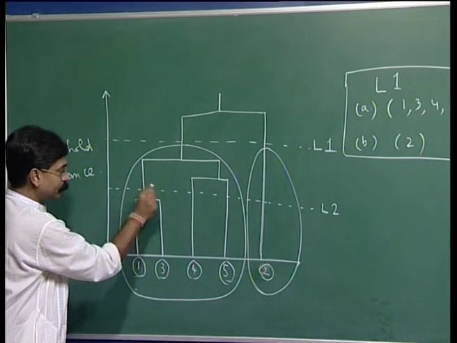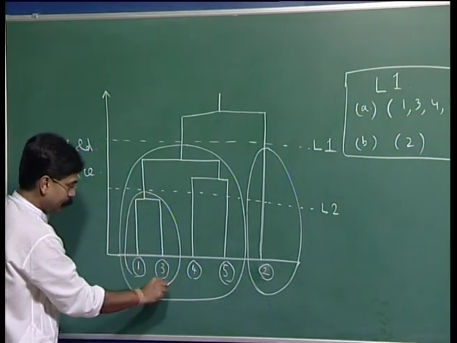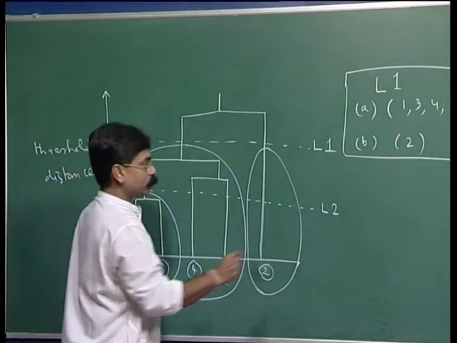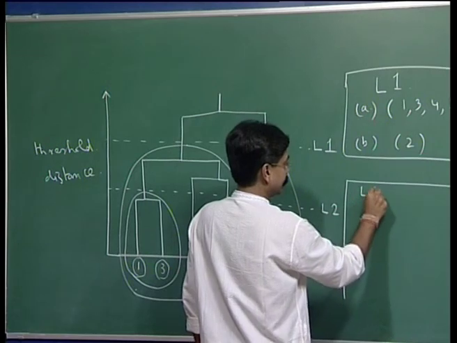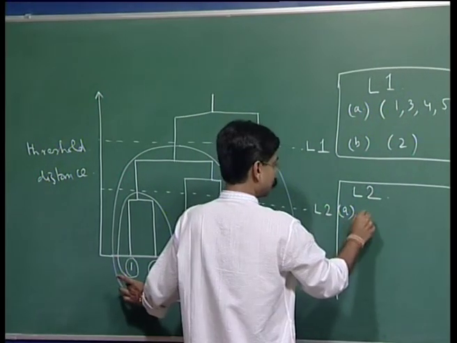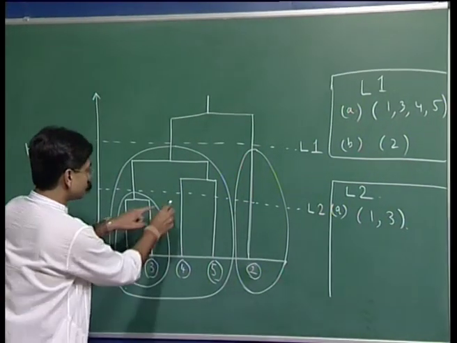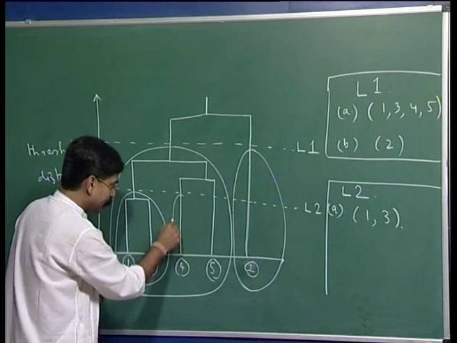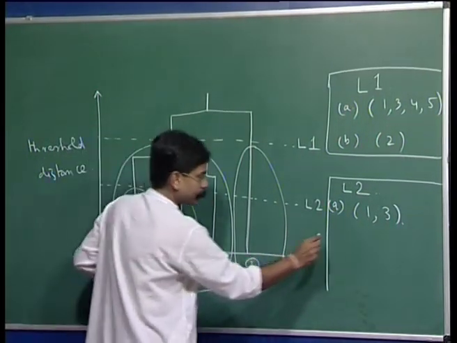Below this particular threshold distance line, we see that there is one branch coming out here, which is this one. So corresponding to my L2 level of resolution, we will have the first sector to give us the two cases 1 and 3. Then we come down to the other point. This is a single branch here which is containing this case 4.